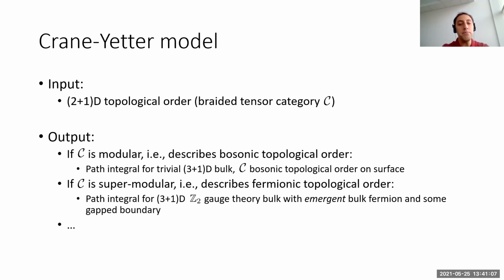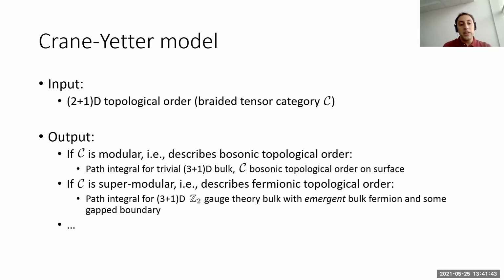And so if we input the mathematical data describing a fermionic topological order into this bosonic model, that is, if C is what's called a supermodular braided tensor category, what we get out is a path integral for 3+1 dimensional Z2 gauge theory in the bulk with an emergent bulk fermion and some gapped boundary of that Z2 gauge theory. And you can consider more general inputs to the Crane-Yetter model, but that's not going to be interesting for our purposes today.